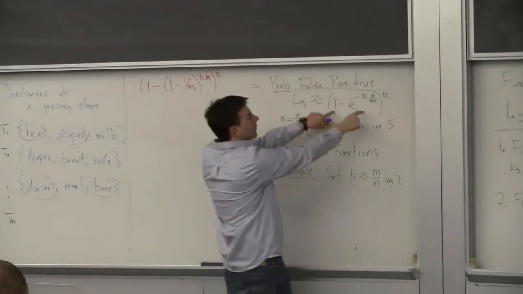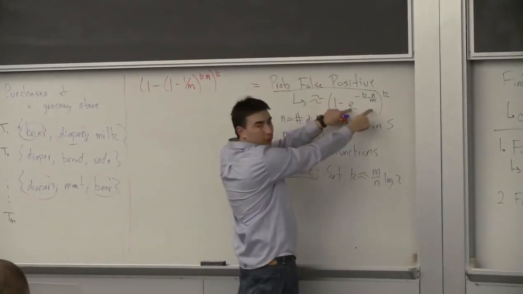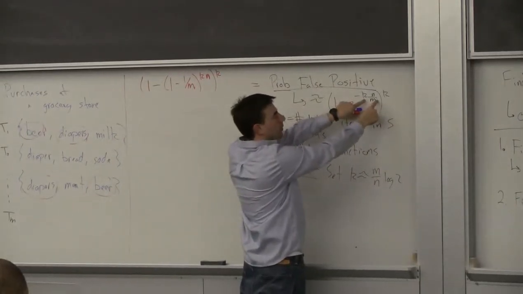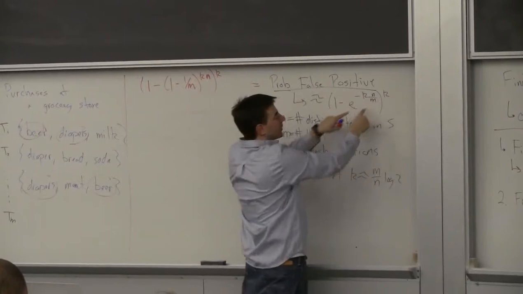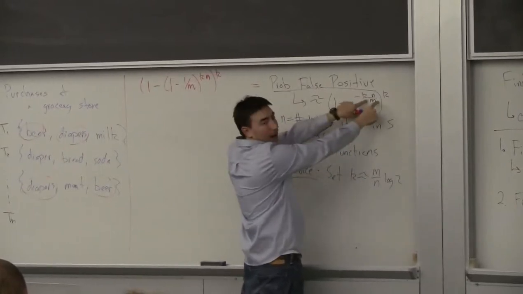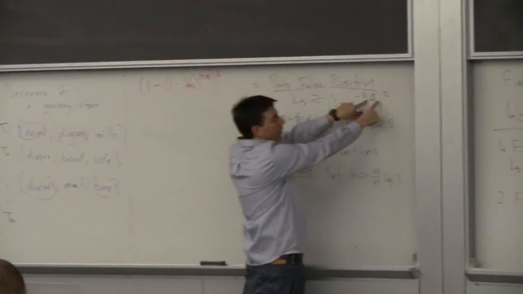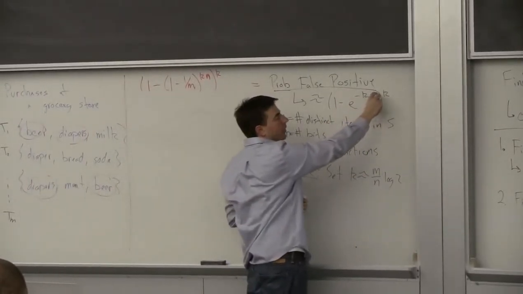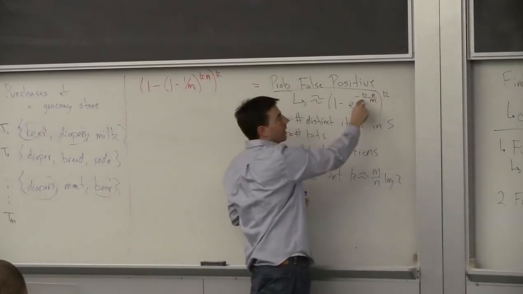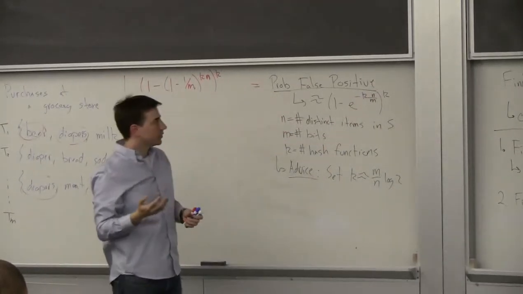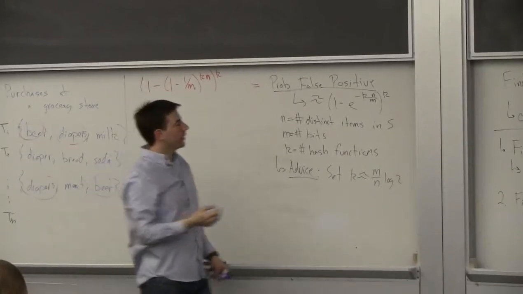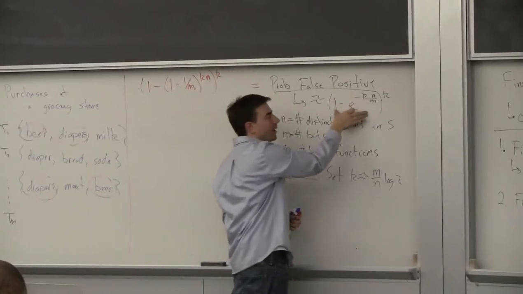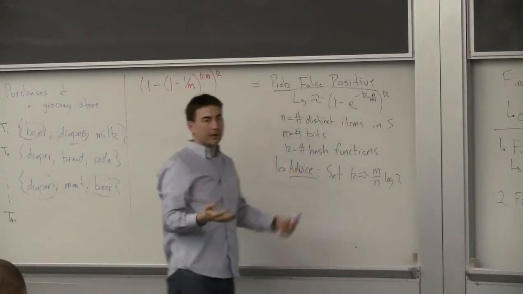So I want this to be as far from 1 as possible, so I want this quantity to be large. This is kind of 1 over e to this power, so I don't want this to be too big. m is the number of bits, and this is the number of things in there, so this is already less than 1, which is good. If I make k too much bigger than that, then this ratio is going to become too large, and this will become close to 1, and taking it to the power k won't be as effective.